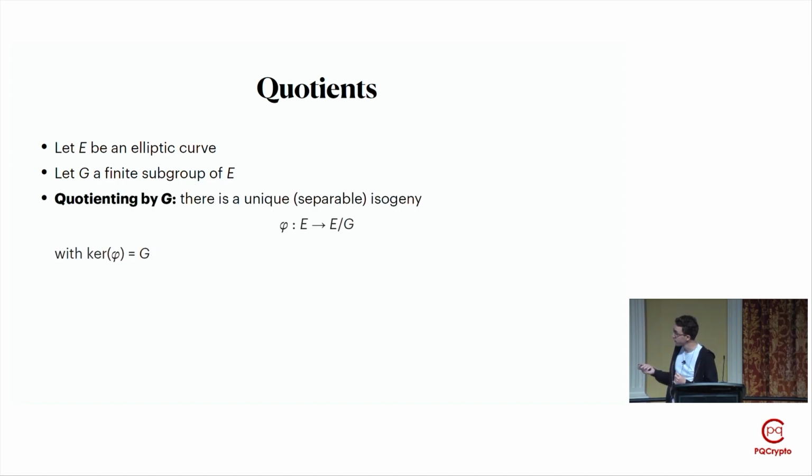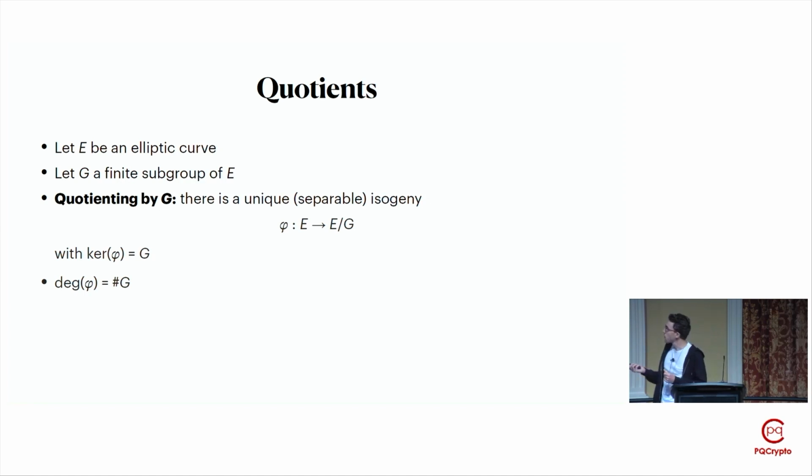You have your elliptic curve E, you have your group G, you can quotient by G, and that gives you an isogeny from E to E quotiented by G. This isogeny is unique in a precise sense. It's unique up to isomorphism, such that the kernel of the isogeny is G. So if I give you a finite subgroup of an elliptic curve, there is a unique isogeny of which it is the kernel.